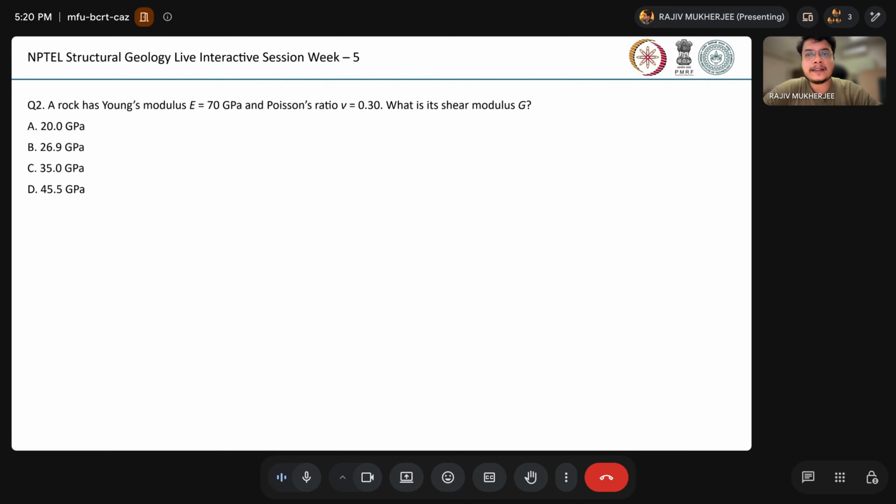Before solving, I should mention that, like the previous problem, you should consider an isotropic linearly elastic material without any viscous dissipation or viscous component. If you consider a linear elastic material which is isotropic, then you can easily apply the linear elastic formula.